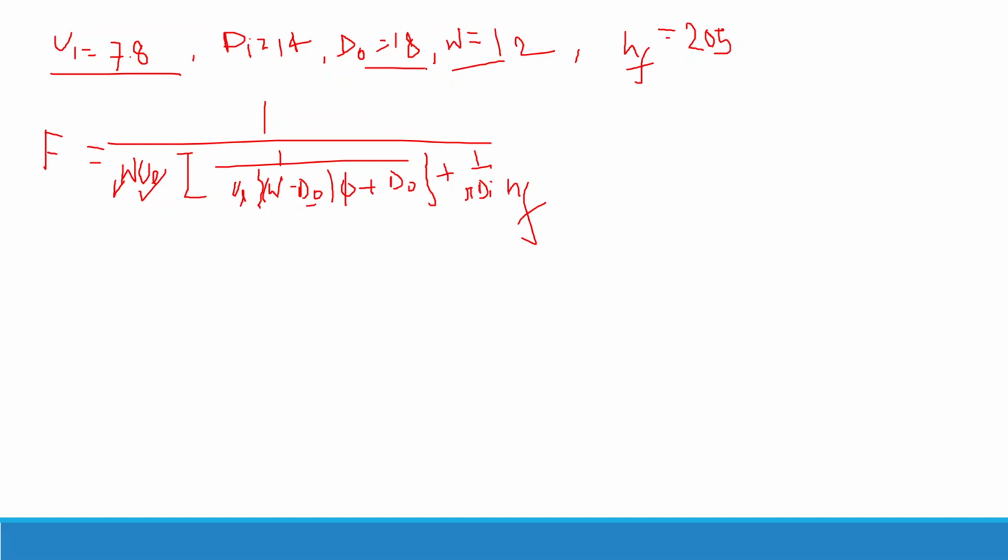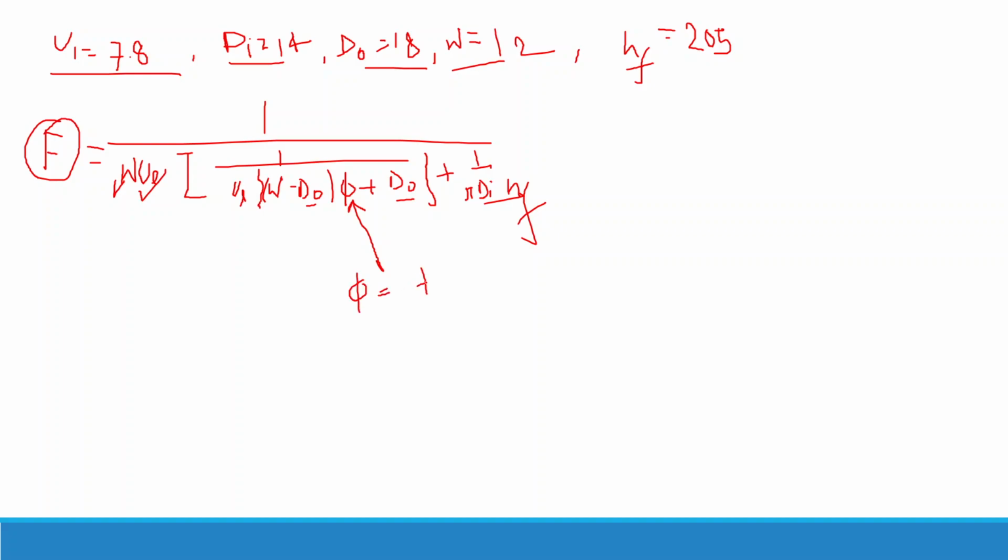D0 given, Di also given, pi equal to 3.14. The important thing is that you need to know the phi. If you know the phi, you can get the value of F. So what is phi?